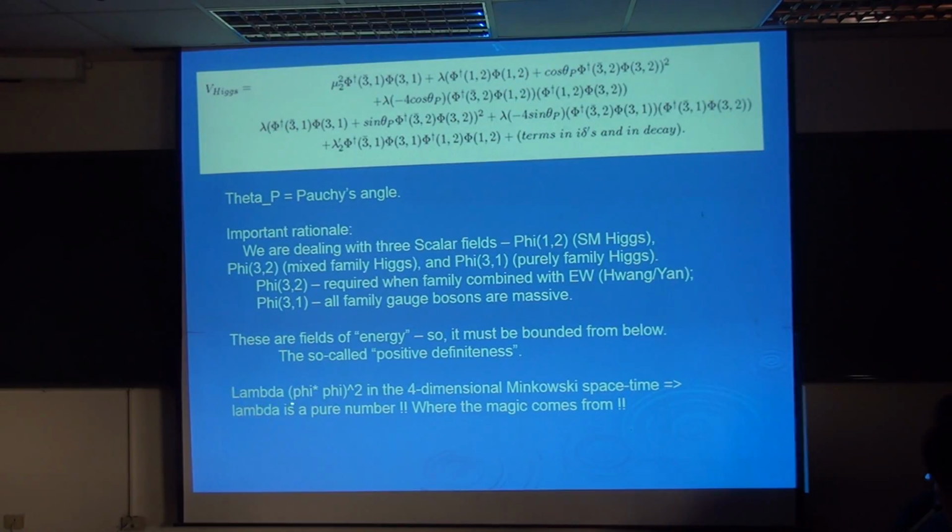So lambda is a pure number. The most magic effect comes from that. So you could realize that if this Lagrangian goes to a much higher temperature, then the mass term would disappear. So that's the idea.